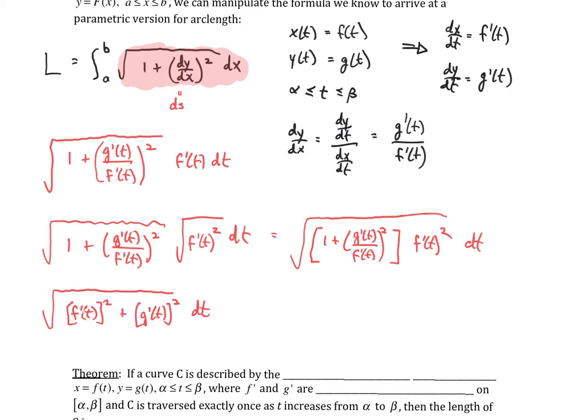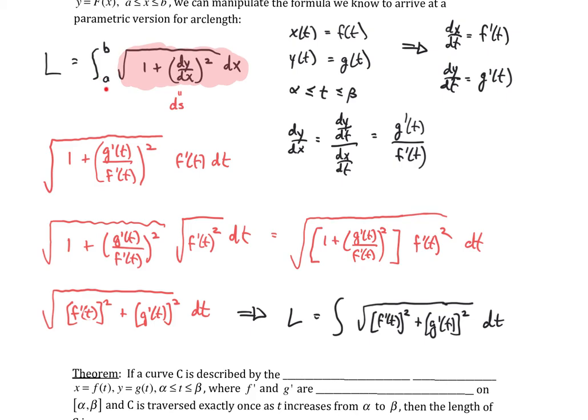Now I can replace the ds in my original arc length formula with the square root of f prime of t squared plus g prime of t squared dt like this.